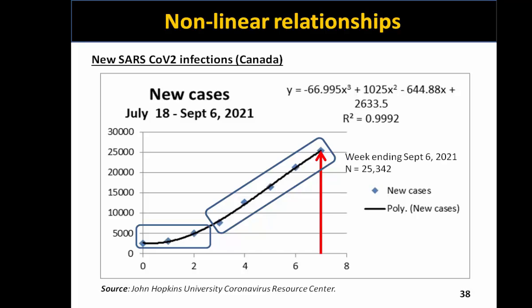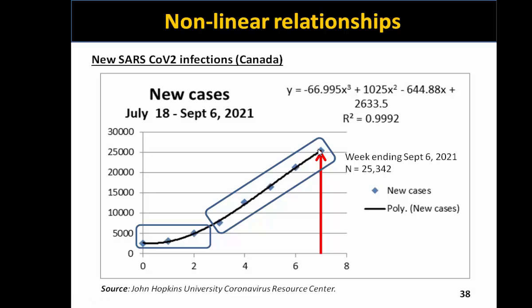At the very end, the last data point represents the number of cases for the week ending September 6, 2021, and it was reported that there were 25,342 new infections for that week.